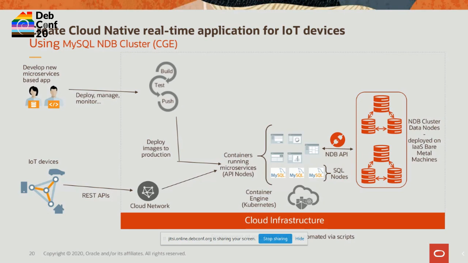So I can choose that the application communicates to the data store using the so-called NDB API, which is an API which realizes key-value access to the data which are stored in memory. And I have deployed some MySQL nodes as a complement in containers for easy administration, let's say.